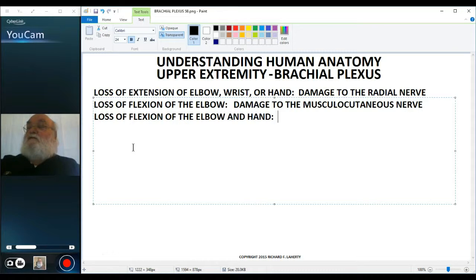Then the nerve supplying that compartment, with those couple of 1.5 exceptions, is the median nerve. So that would indicate damage to the median nerve.